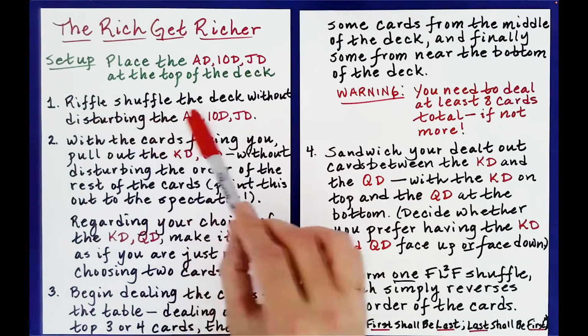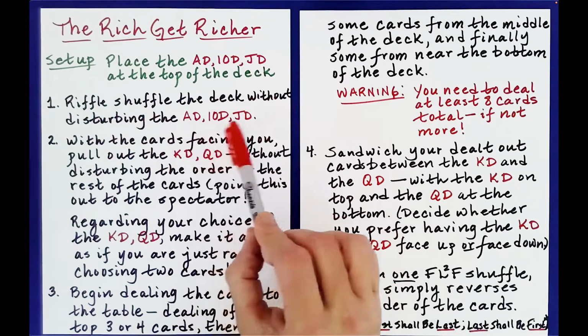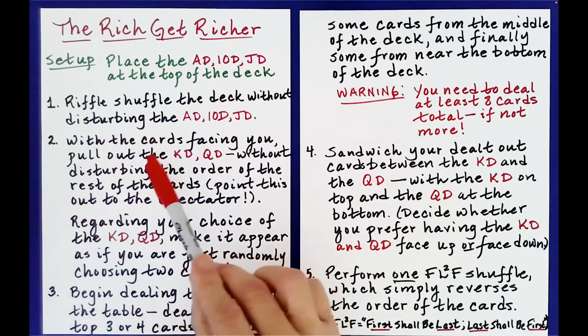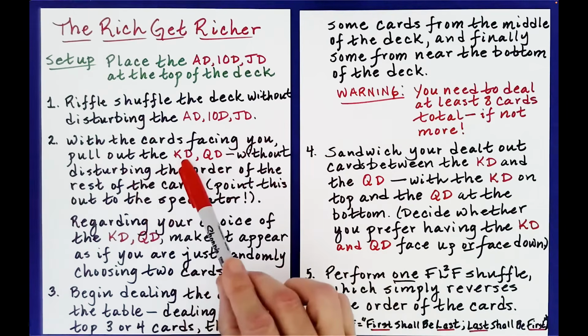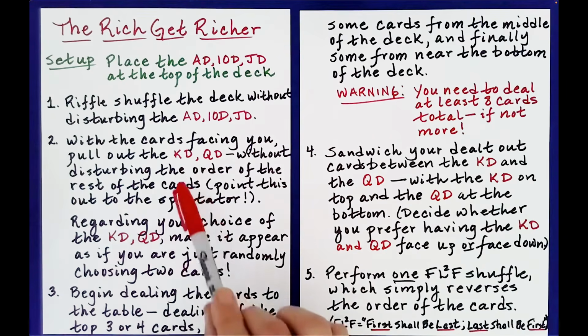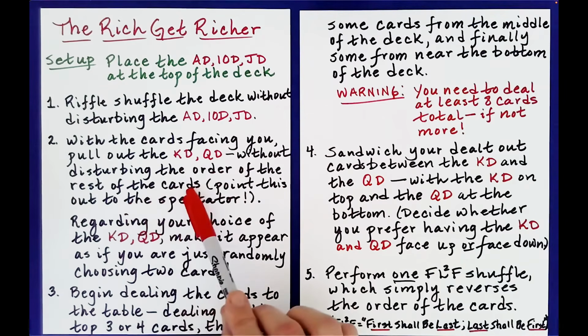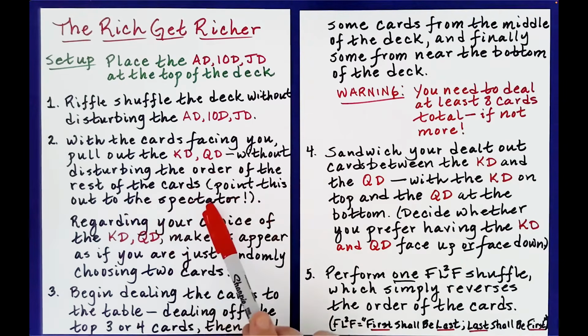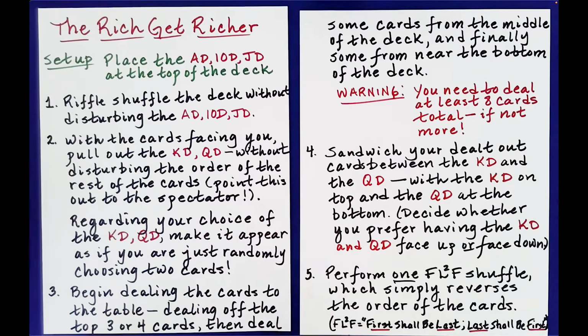First, riffle shuffle the deck without disturbing those 3 cards. With the cards facing you, pull out the king of diamonds and queen of diamonds without disturbing the order of the rest of the cards, and point that out to the spectator so they don't think you're doing anything funny.